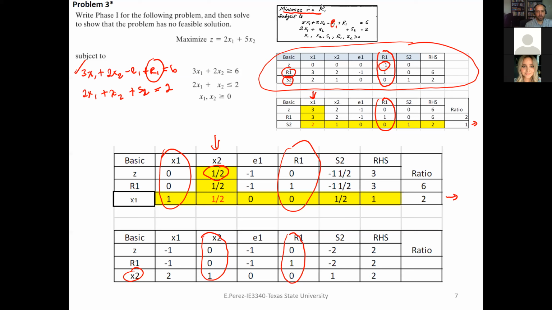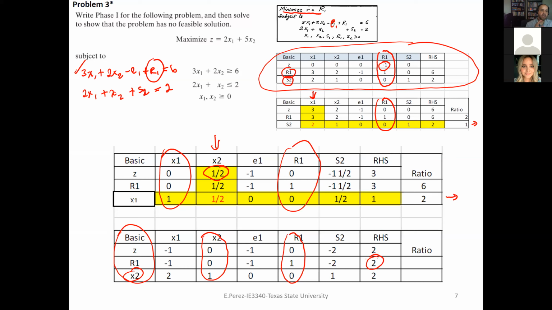If we solve the first phase and we have an artificial variable in the basic variables, which is the case here, R1 is still there. R1 is a basic variable, and we have found the optimal solution for phase one. Since R1 is still there and is not 0, the artificial variable has a value different than 0.